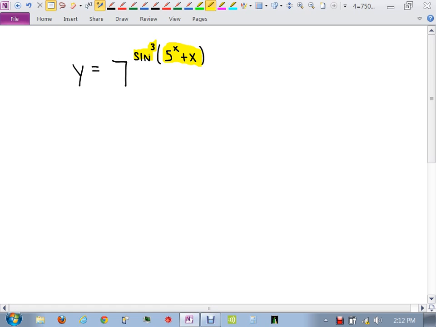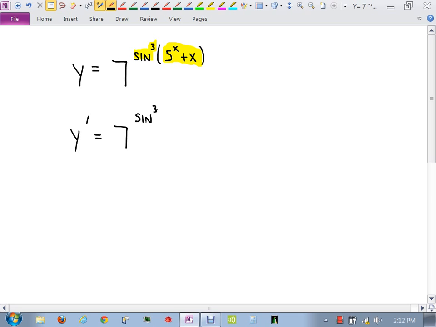So going backwards, the last thing happening was the 7 to a power, isn't it? 7 to junk. So we need to ask ourselves, what's the derivative of 7 to junk? So what's the derivative of a to the junk? This will be 7 to the junk, right?